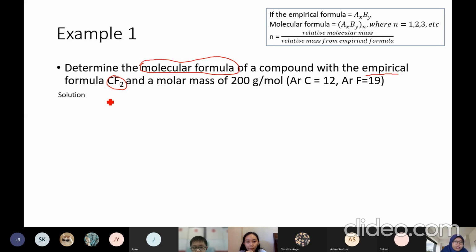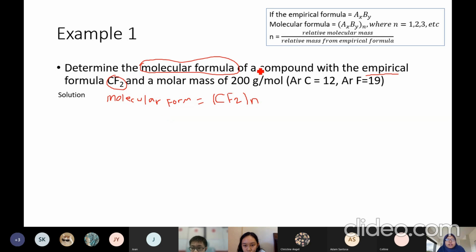We can symbolize the molecular formula as CF2 times n. To know the molecular formula, we have to find what n is. How to find n?